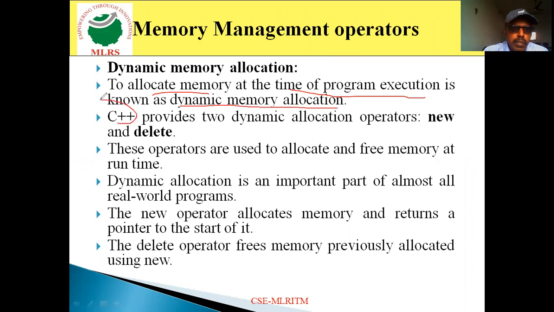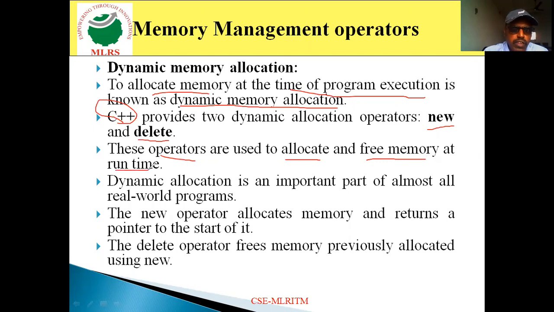In C++, it provides two dynamic memory allocation operators: one is new, and the other is delete. These new and delete operators are used to allocate memory dynamically and to deallocate or free memory dynamically. Dynamically means at runtime.